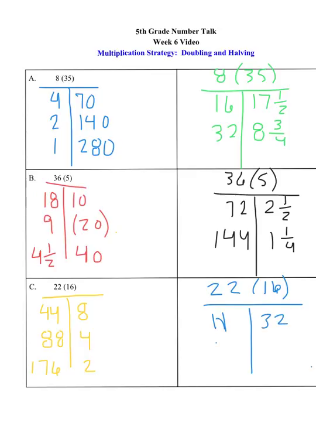But if I go half of 11, that quickly gets me to 5.5. Double 32, that's 64. Again, unless you like working with fractions, it's going to make you not work with whole numbers. So again, it's a choice that works best for you.